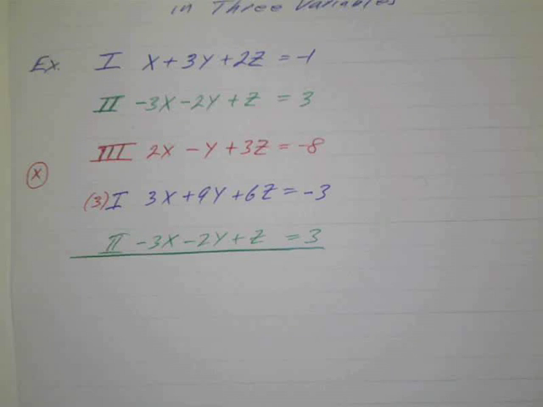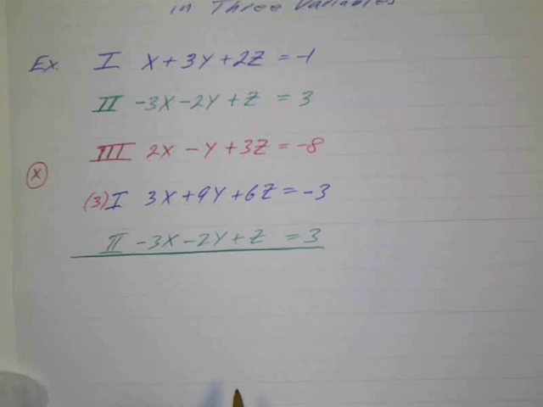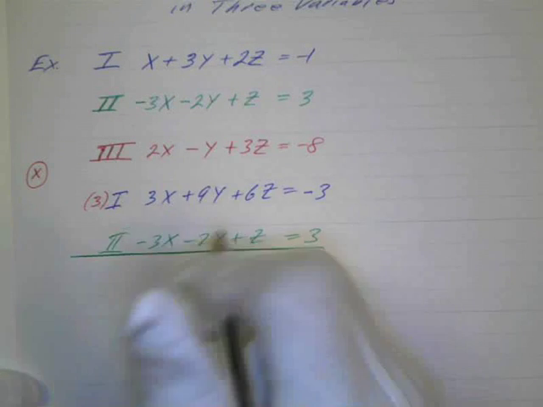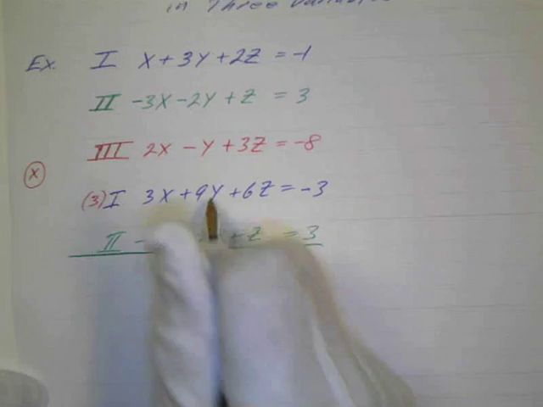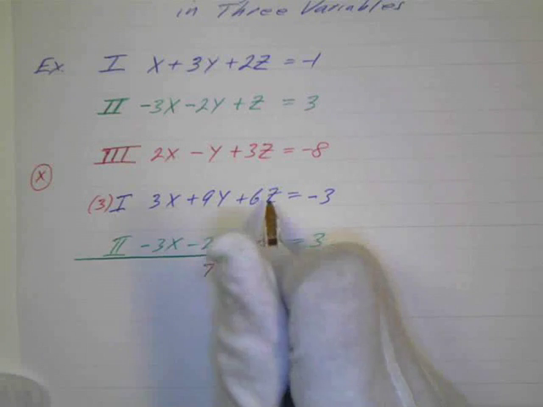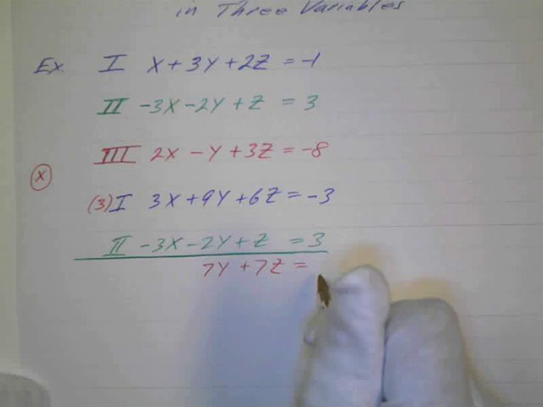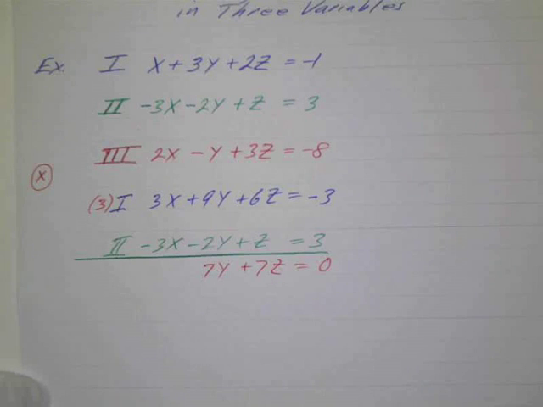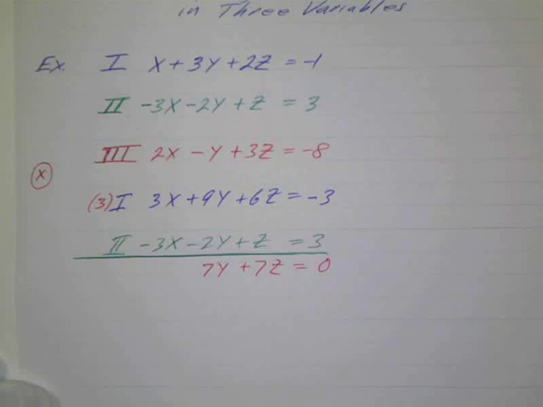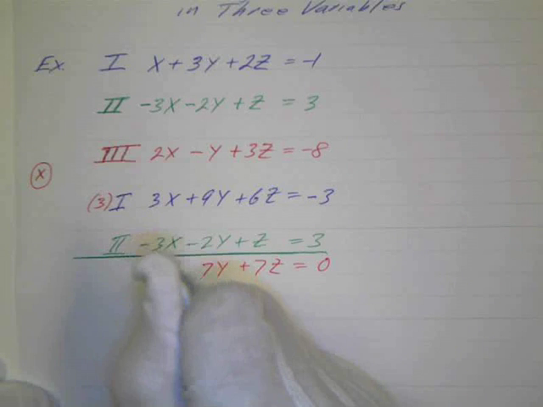When I add these equations, the x's become 0, so I end up with 9 minus 2 is 7, so 7y plus 6 plus 1 is 7z equals 0. All right, and that's a new equation, so I'm going to call that equation 4.